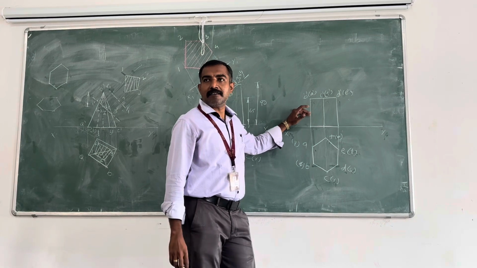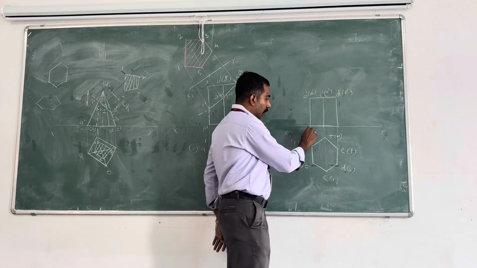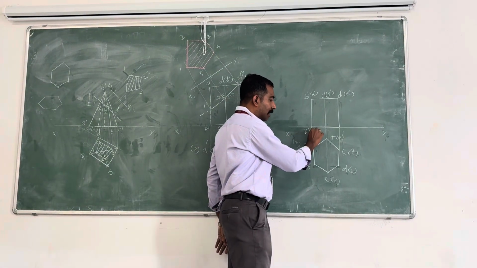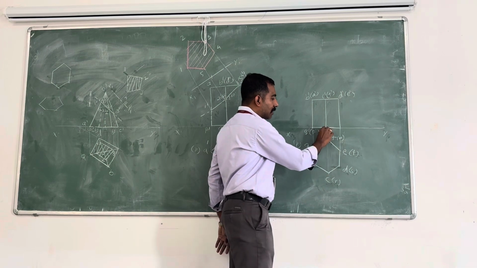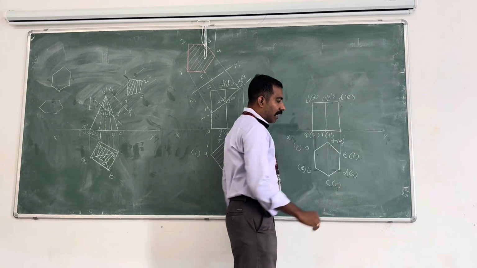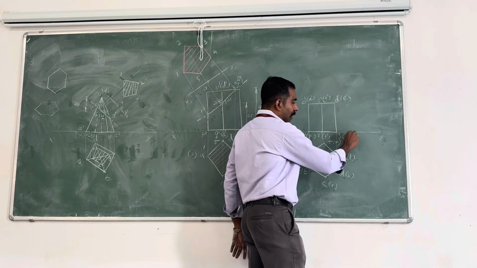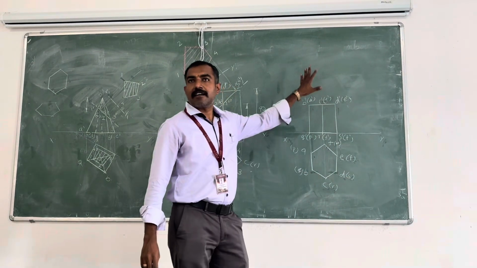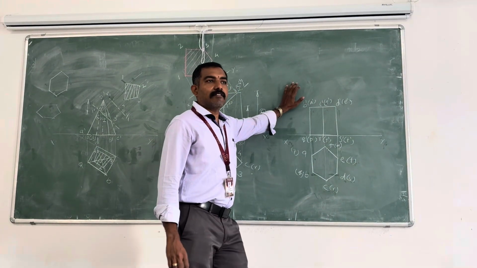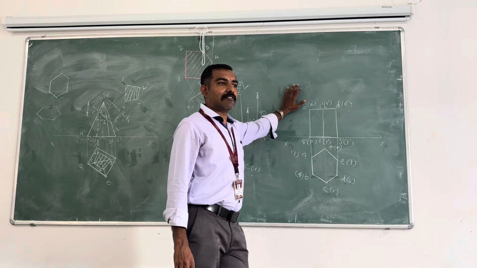In the same way at the bottom: Q dash inside the bracket P dash, R dash inside the bracket F dash, S dash inside the bracket T dash. Up to there we have already studied in the projection of solids.